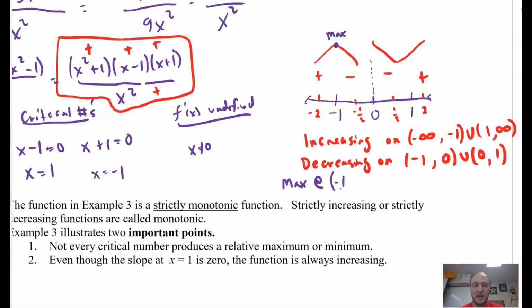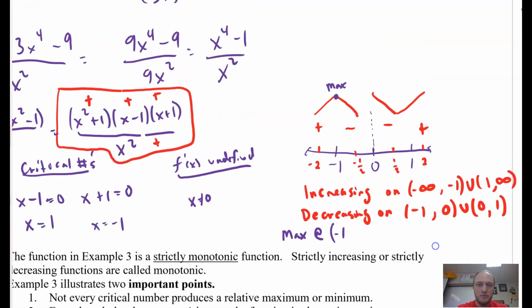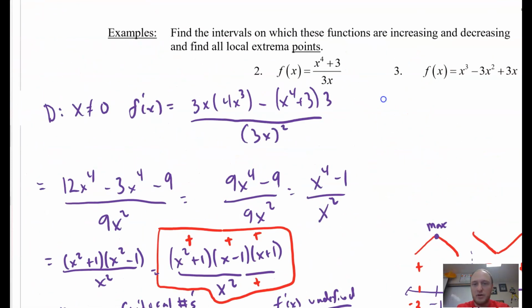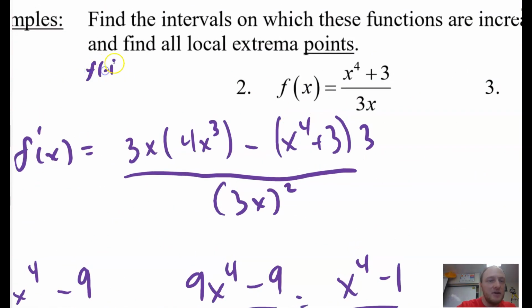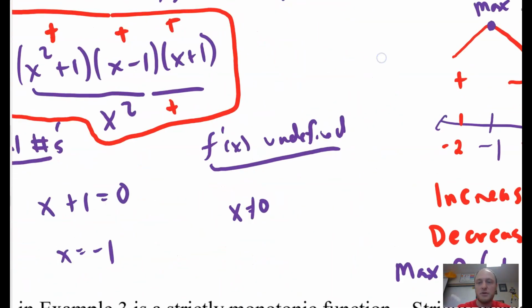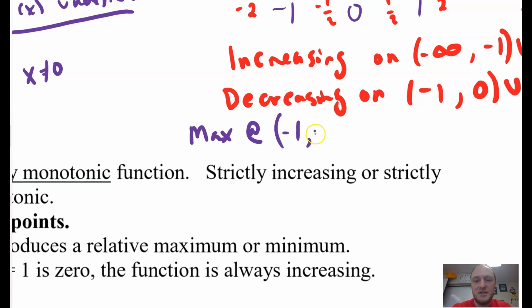So when I plug in negative 1 into my function, okay, so we'll go up here, f of x, and we'll analyze, okay, what is f of negative 1? If I plug that in, we should get negative 4/3. Okay, so that's at negative 4/3.